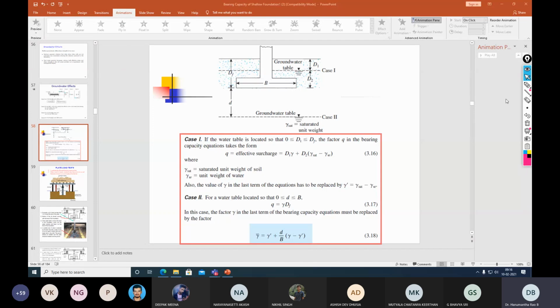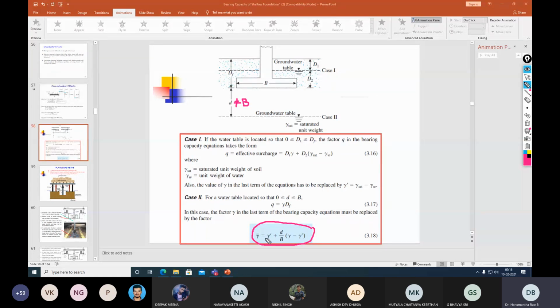But this D is less than B. This D is not equal to B. If D is equal to B, there is no impact of groundwater on the bearing capacity. But suppose if D is less than B, then you have to use in the third term gamma bar, that is gamma dash plus D by B into gamma minus gamma dash.